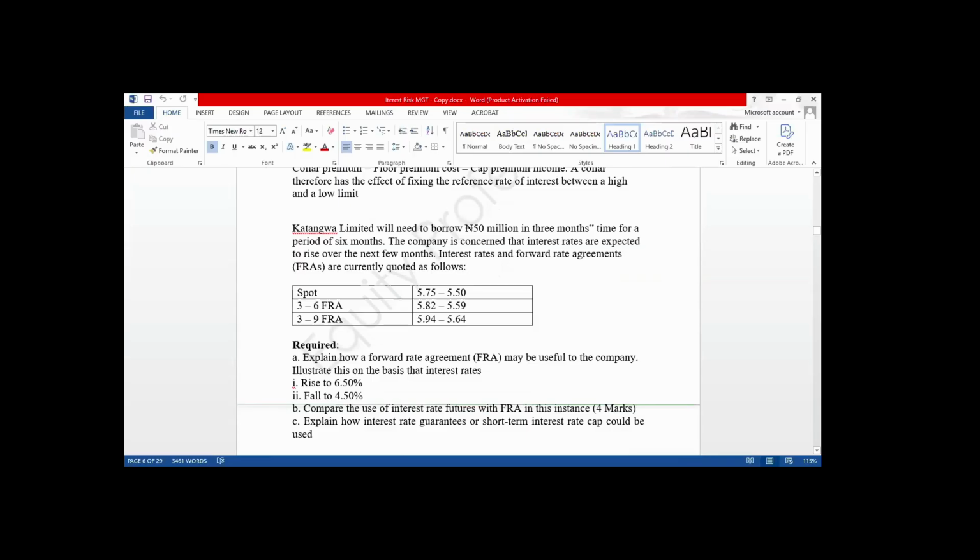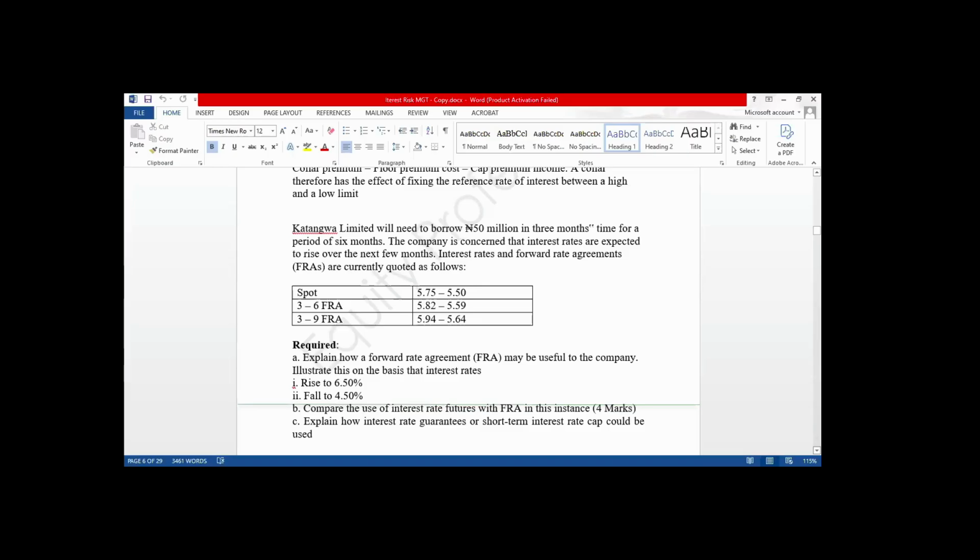The company is concerned that interest rates are expected to rise over the next few months. Interest rates and forward rate agreements are currently quoted as follows.